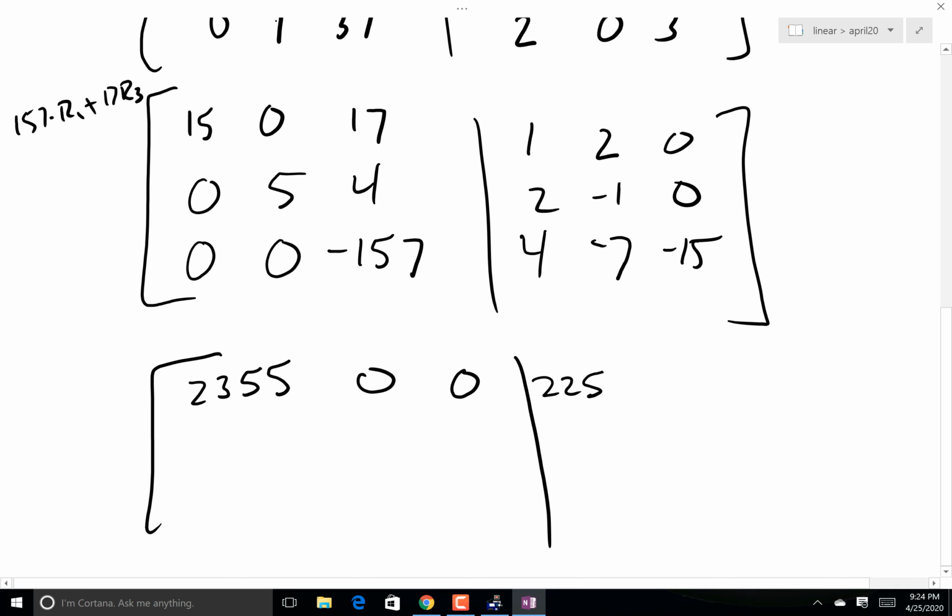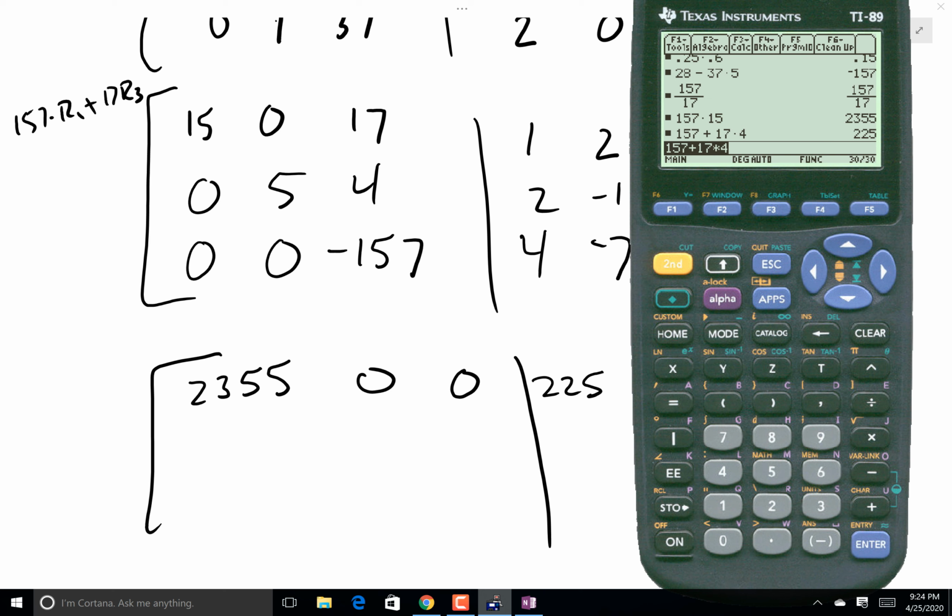And then we're going to do 157 times 2 plus 17 times negative 7, 195.